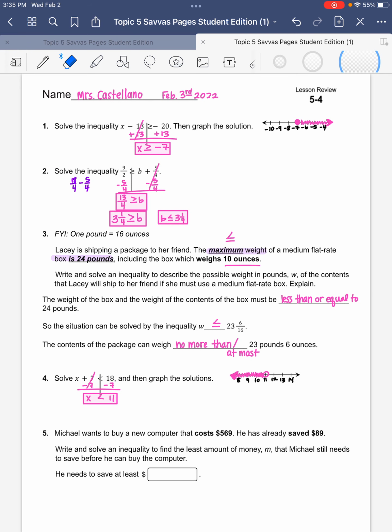Okay, last one, number 5. Michael wants to buy a new computer that costs $569. He has already saved $89. Write and solve an inequality to find the least amount of money, M, that Michael still needs to save before he can buy the computer. Okay, so I've kind of bolded the important information here, but let's think about it.